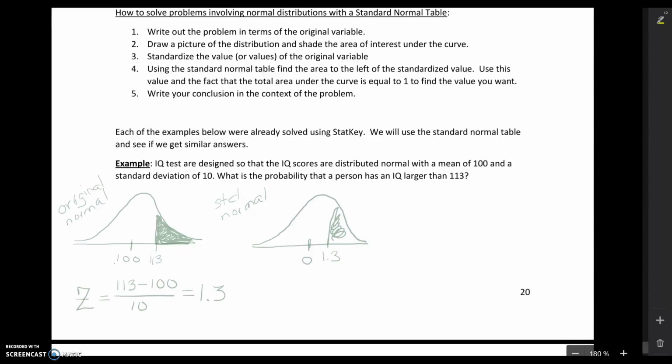If I shade in this area here, this area and the original area are equal to one another, and we can use the table to find this area. How do we do that? Think of your z as a number out front and then 2 decimal places that trail. So I'm going to write 1.30.